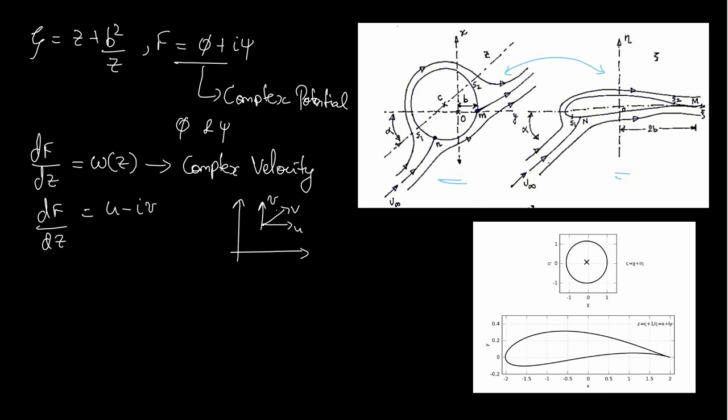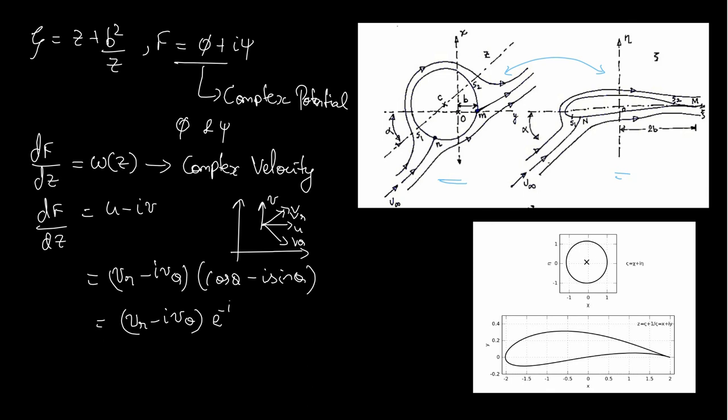Suppose I consider this to be my v radial and this to be my v theta, and if I take some angles and resolve, I can prove that this is nothing but Vr minus i v theta times cos theta minus i sin theta, which by using Euler's form we can write as Vr minus i v theta times e power minus i theta. So this is my dF by dz, or also the complex velocity.